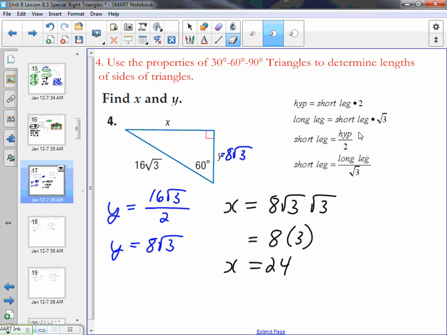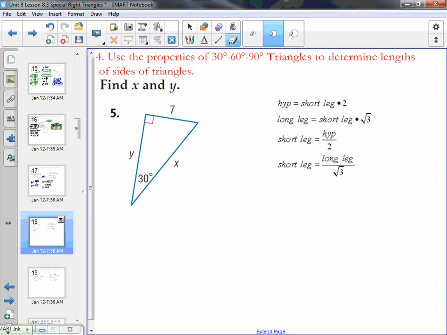We okay with number 4? Number 5. Is this a 30, 60, 90? Why, certainly it's a 30, 60, 90. All right, so which side length do we know? The long leg, the short leg, or the hypotenuse? Short leg.